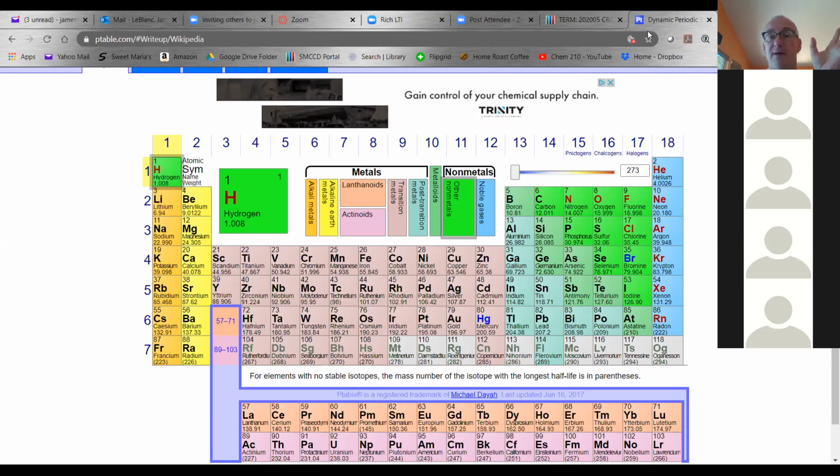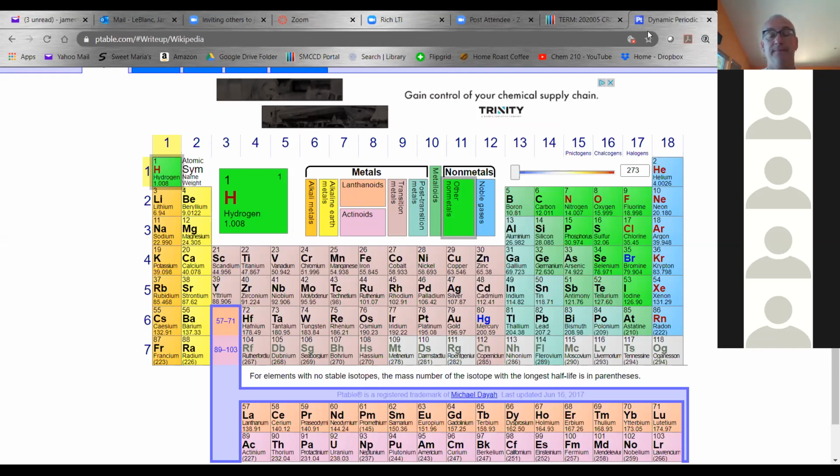So if we're looking for atomic number 20, that's how the periodic table is arranged. It's not arranged in terms of mass, although you will see that the mass generally increases as we go across the table and down the table. But the atomic number increases by exactly 1 as we go across.